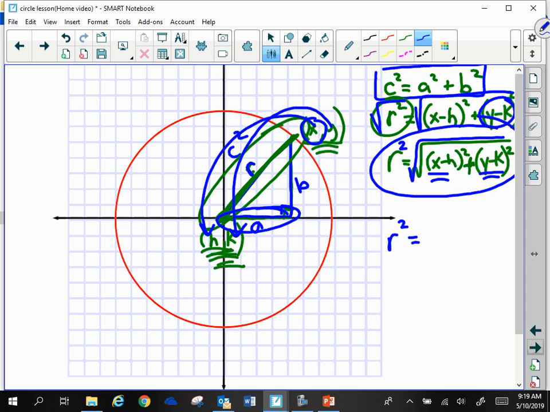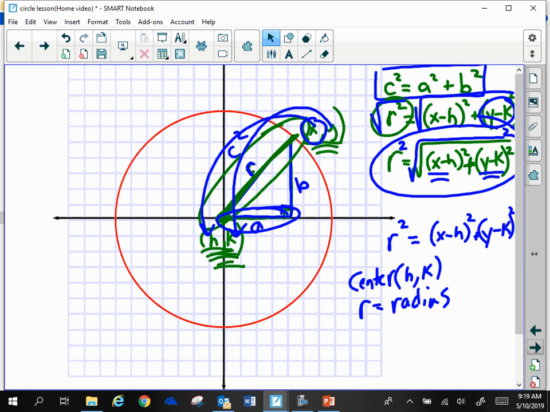So I'm going to square this side and square this side, and here is the formula you're going to come up with for circles, where h comma k is now not considered your vertex, because we don't have a vertex on a circle, but it's the center, and r is the radius. So there is your new formula.